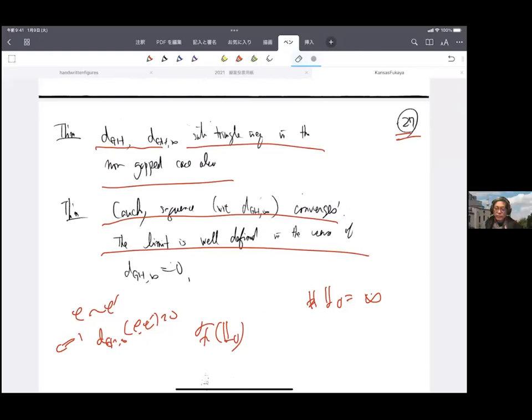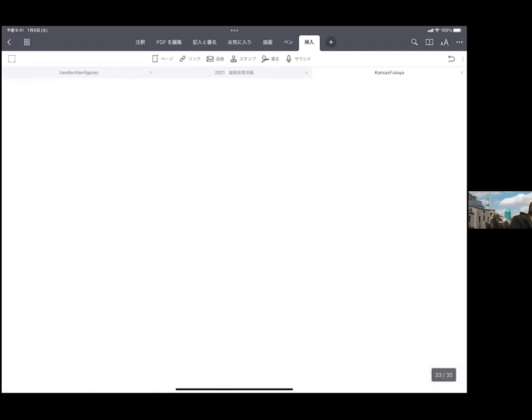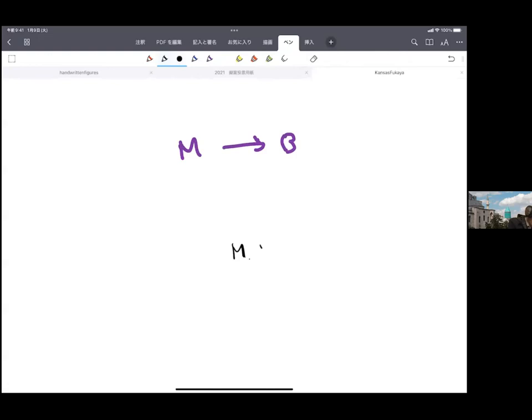So, if you have this SYZ type picture, you have some M going to this base space, right? And one can say the following things. Basically, you have M. You can associate this infinity category, right?